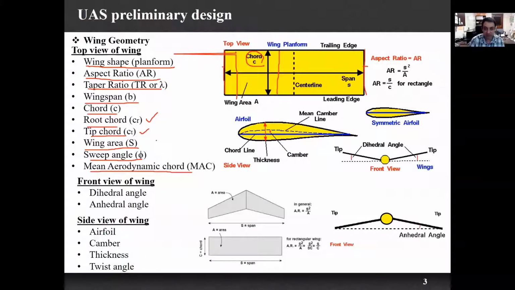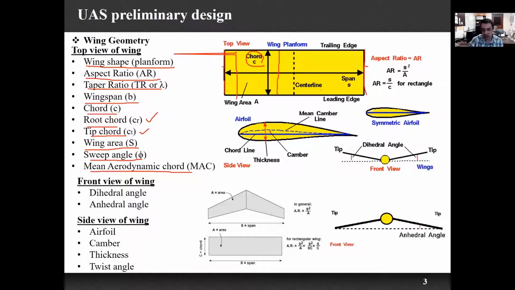Going back to the slide, we also have other parameters, which are called aspect ratio, the surface, and the taper ratio. The aspect ratio is one of the important geometry parameters which affects the aerodynamic efficiency of our system.